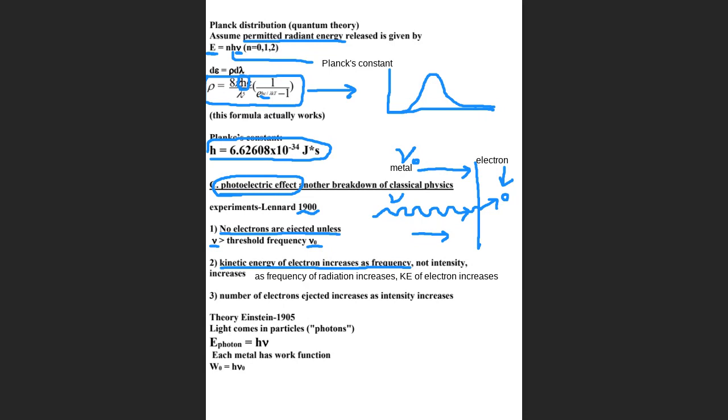What intensity does is increase the number of electrons ejected. In other words, if you want more electrons, make the light brighter.